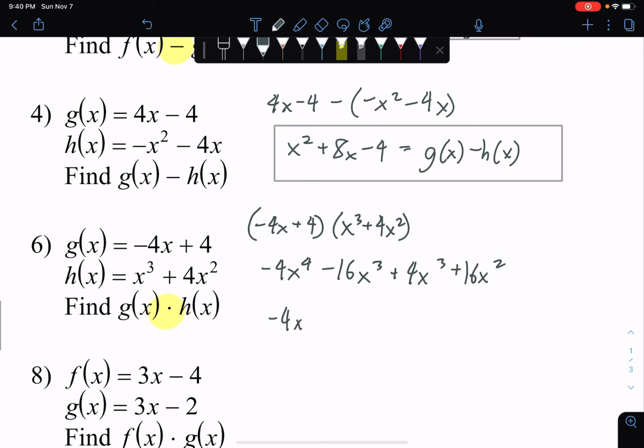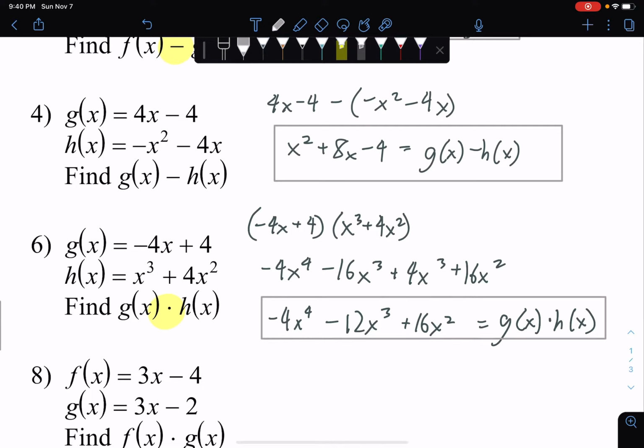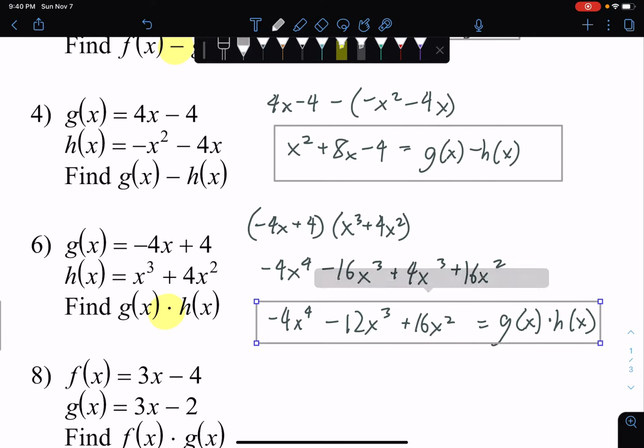So negative 4x raised to 4 minus negative 16 plus 4 is negative 12x raised to 3 and plus 16x raised to 2. This is our answer. And we'll have to square that. There you go.